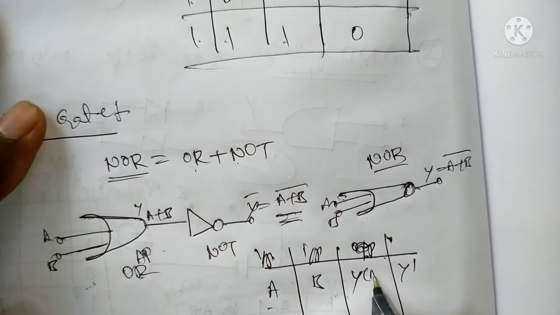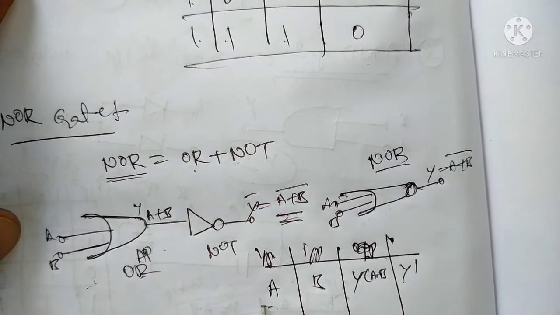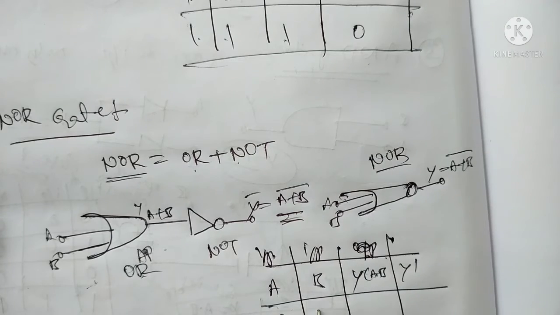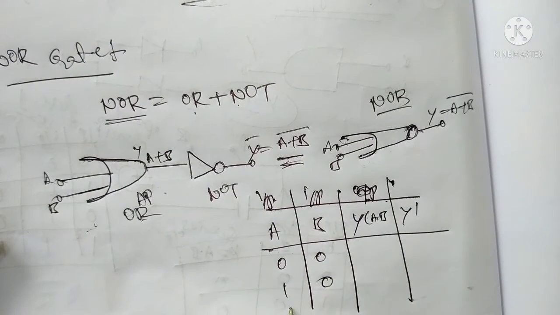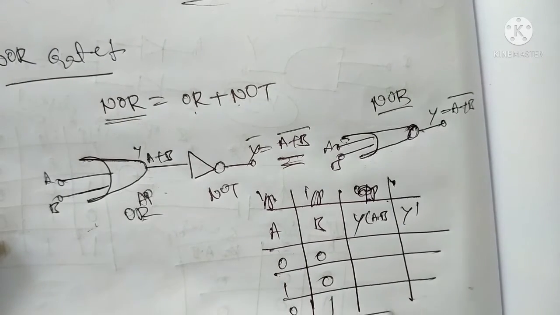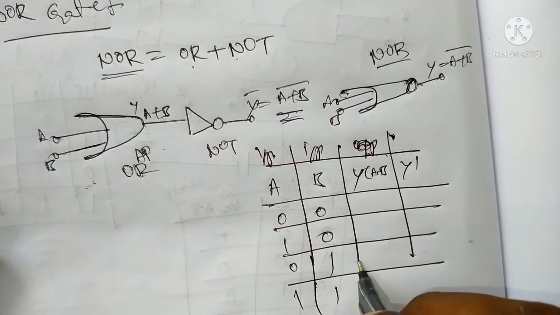Up to here, it is A dot B, it is an OR operation, and here the NOR operation. Okay, see, here A and B are 0, 0, 0, 1, 1, 0, 1, 1.